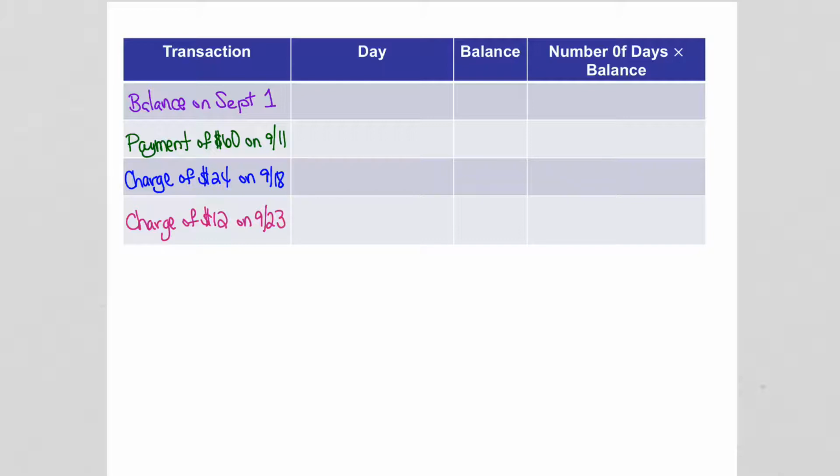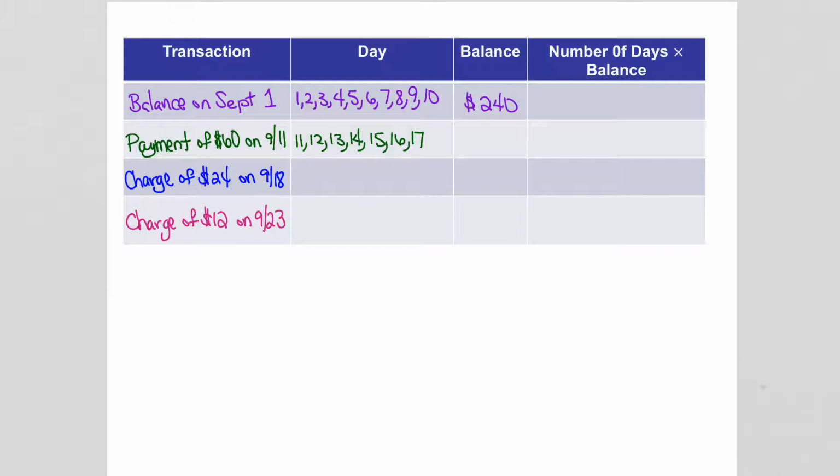The first step is to figure out how many days were between the first two. So you had day 1, 2, 3, 4, 5, 6, 7, 8, 9, and 10, where your balance was $240. On days 11, 12, 13, 14, 15, 16, and 17, we'll figure out your balance here in a minute.